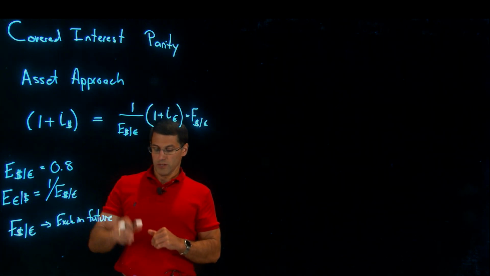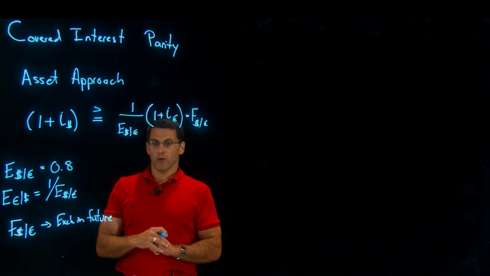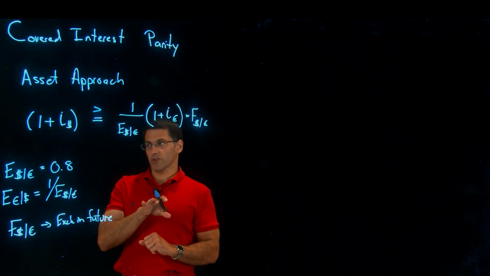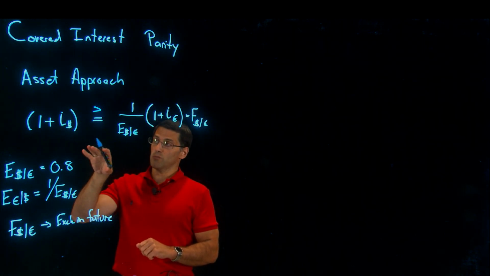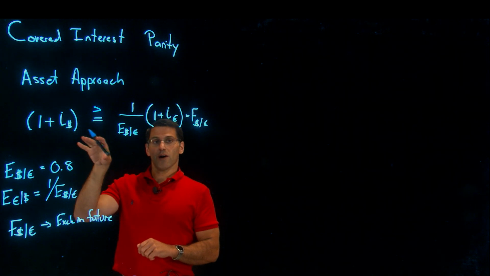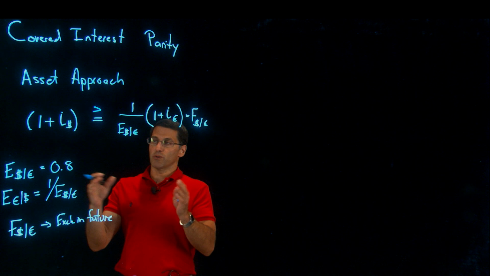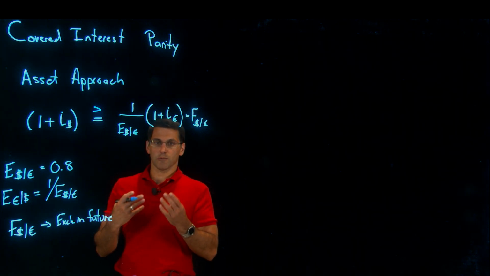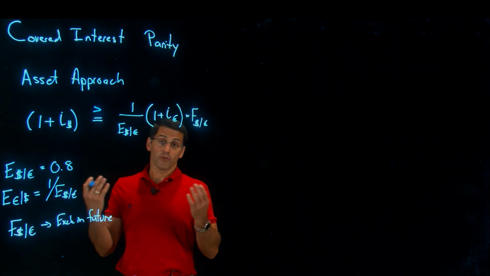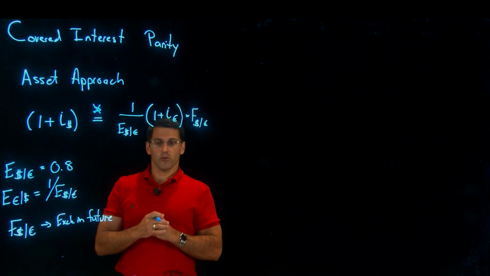So if the left-hand side were greater, then what would happen? In that case, everybody would start sending their money, say from Europe, or a lot of people would at least send their money over to the US. And that would actually cause the exchange rate to adjust to bring this into line, right? It's an asset-based approach. So we really think about this as the supply and demand for the two currencies ultimately. So that can't hold true. And so this is our covered interest parity condition.